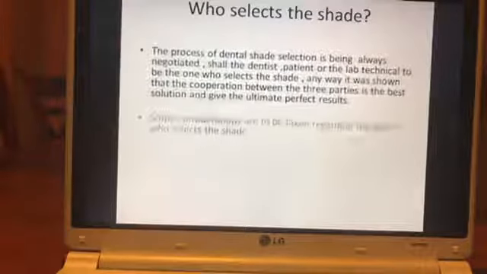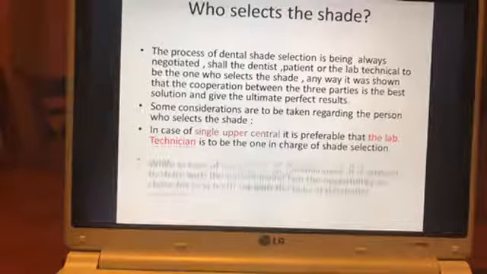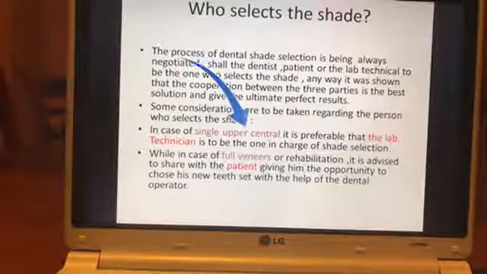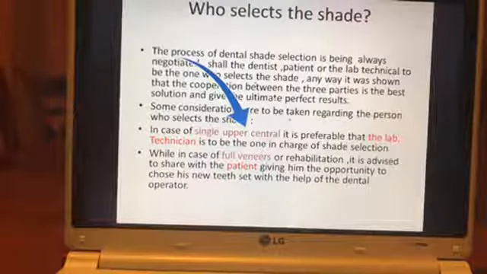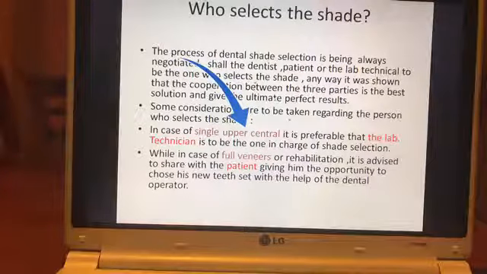Who selects the shade? Some people will say technician, dentist, patient, lab, whatever. No. You have to understand what tooth, what situation you are dealing with, and then at that time you will determine who will select the shade.